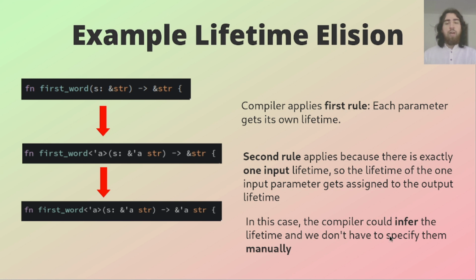So in this case, the compiler could infer the lifetime and we don't have to specify them manually. So what the compiler will do is just annotate the same lifetime as for the input argument, right? So this is all inferred.